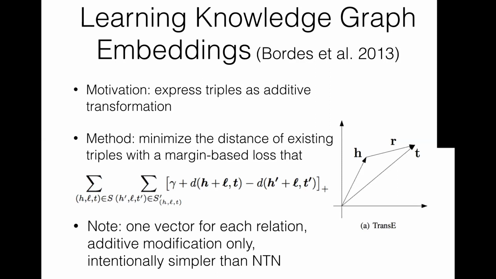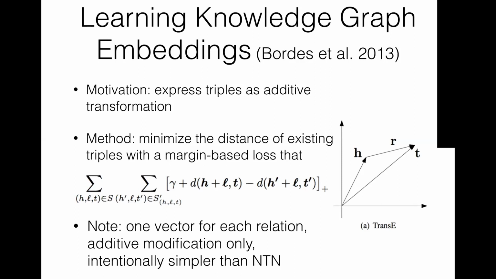Sorry, please forget about the mention of NTN. Because of this simplicity, a lot of methods follow up this work by making the model more expressive, by, say, transforming the head and tail entity embeddings in a relation-aware way.